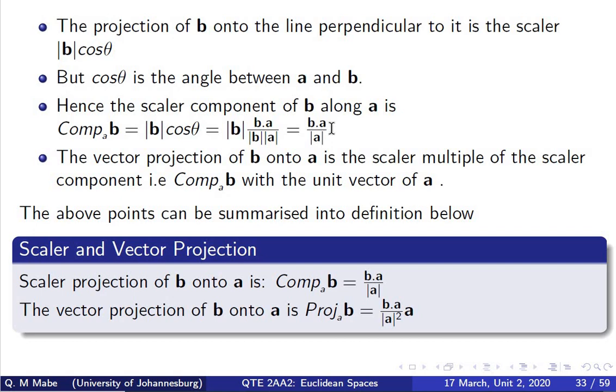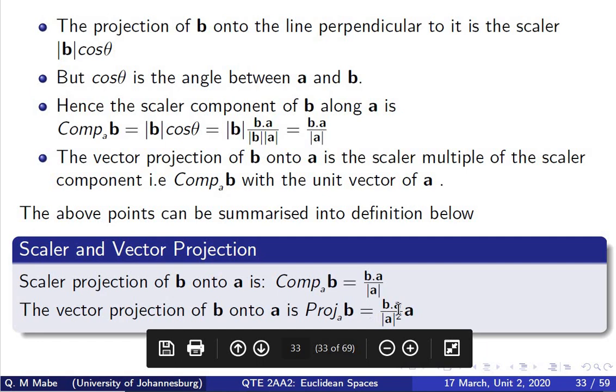The unit vector is A divided by the magnitude of A, right? A, which is a vector, which is this equation here, right?